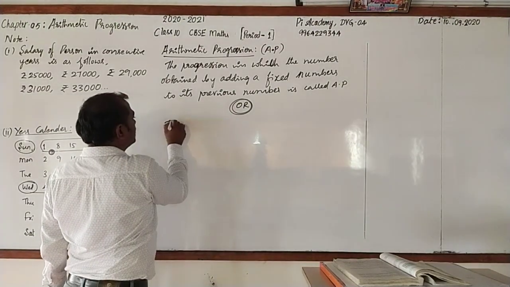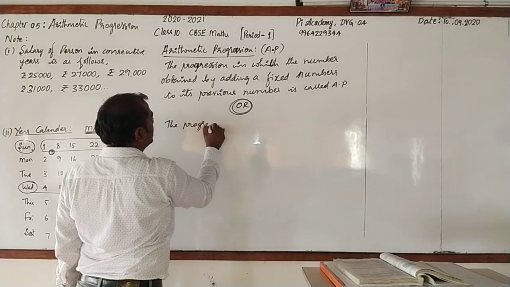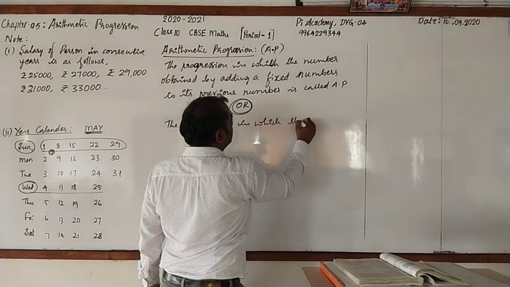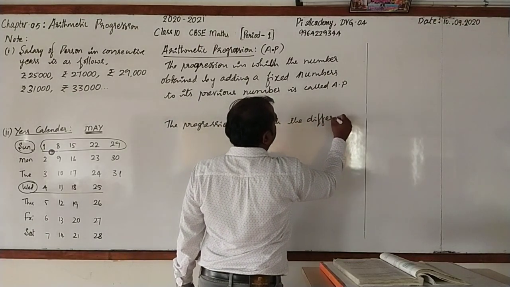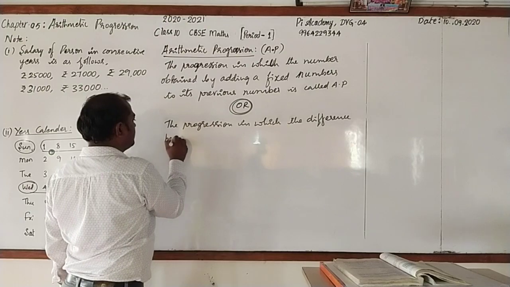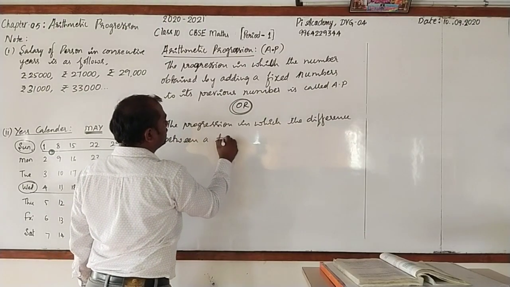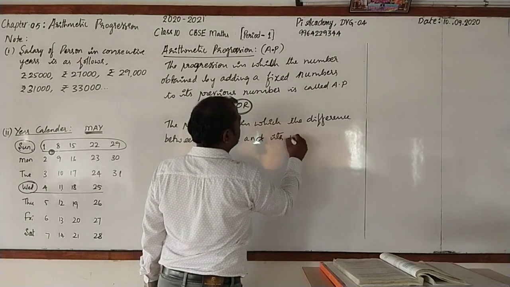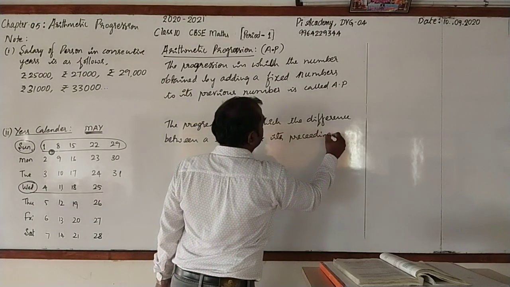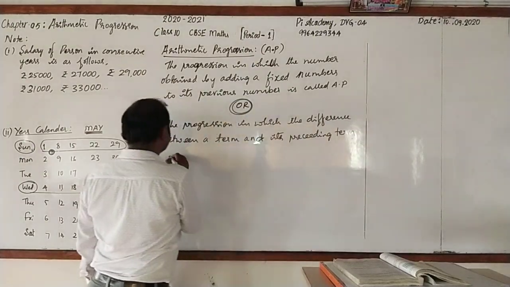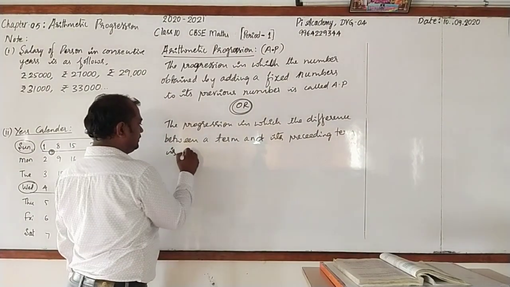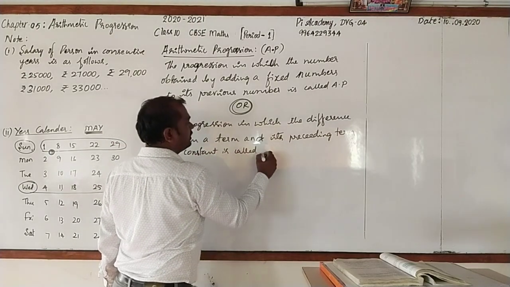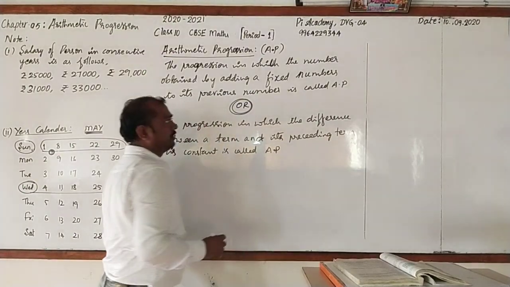Again I'll write the definition of arithmetic progression what we have written earlier. That is the progression in which the difference between a term and its preceding term is constant or is the same, is called arithmetic progression.